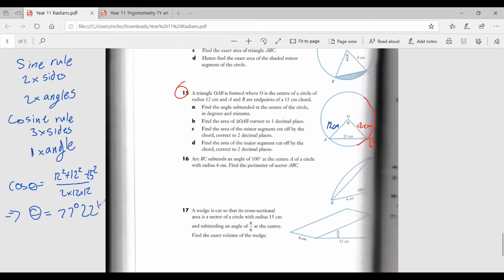So the area of the sector is half times theta in radians, times 12 squared.